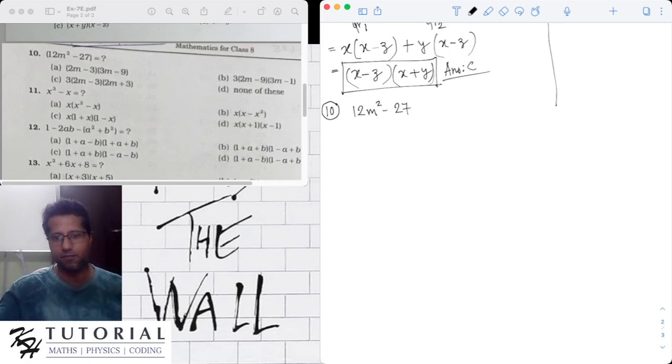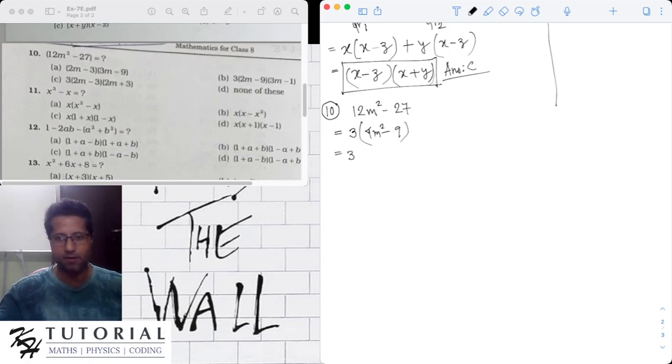So you can see that we have to take some common factor. Now the HCF of 12 and 27 is 3. So you have to factor out 3 from both the terms, and we will get 4m square minus 9.